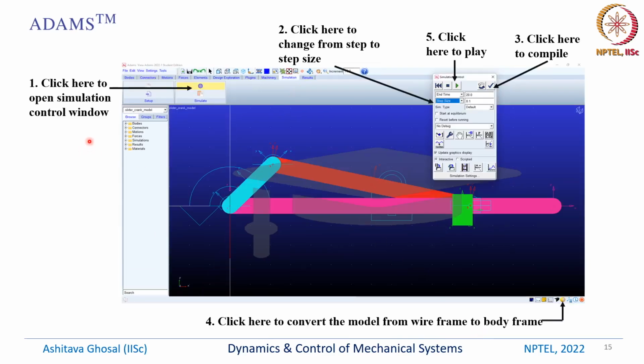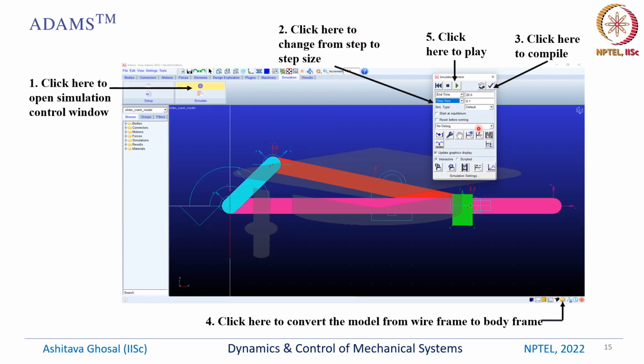Now that we have created this model, we want to do some simulations. If you want to do simulation, we open this simulation control window which says simulate here. When you click this, this block-like thing will appear, and then you click here to change from step to step size.